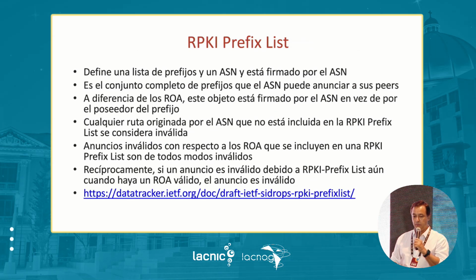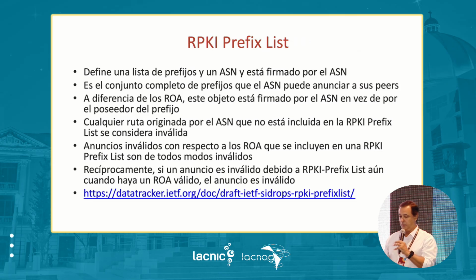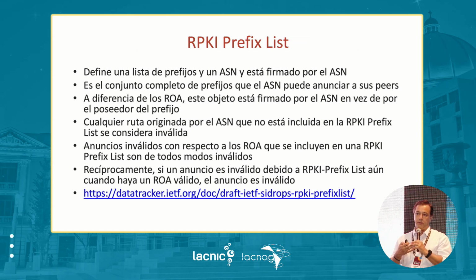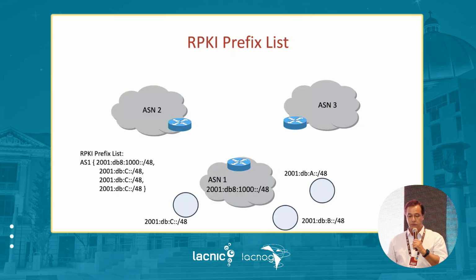This is not really widely used so far. This is not that interesting, but it is for you to see how an autonomous system can define all of the prefixes to be published. It's not the same as ROAs, but it is the ASN that will define all the prefixes to be announced, and that is another proposal up for discussion.